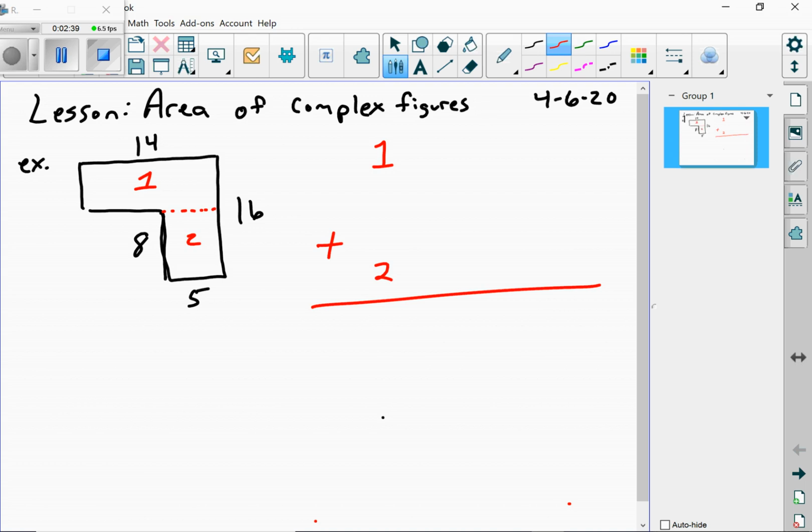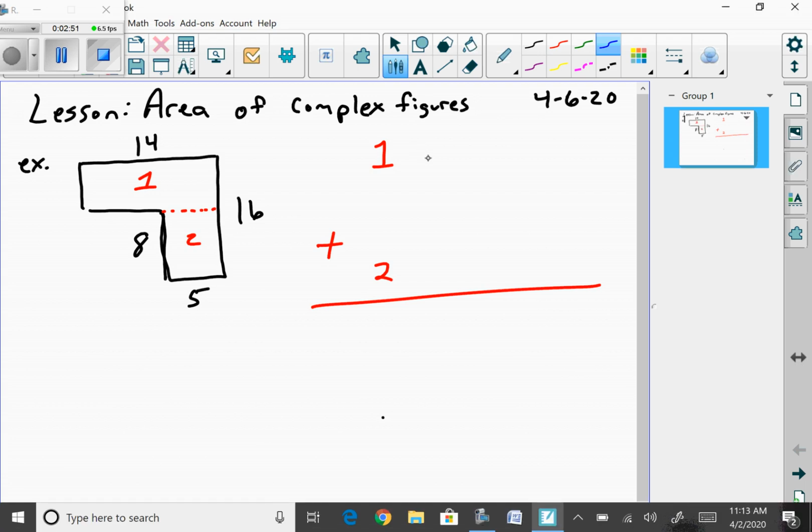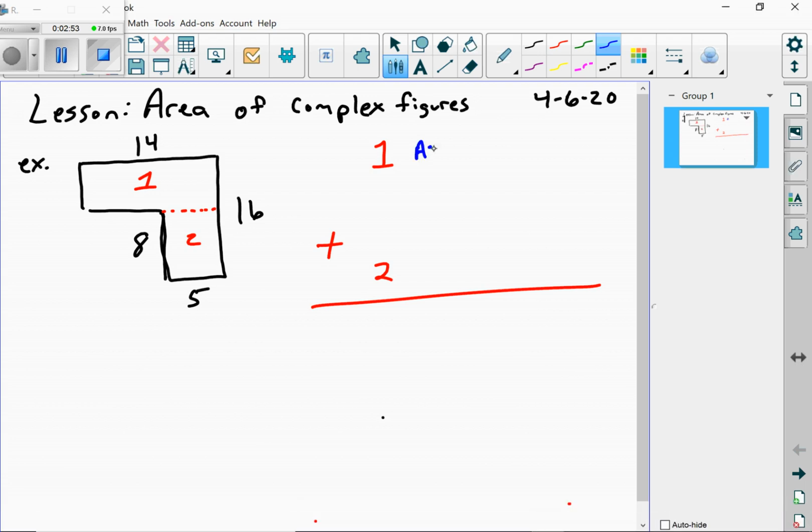That's just one method. Maybe you saw the problem a different way. We'll go over that in a minute. Let's work this the way that I see it. For rectangle number 1, I need to focus on its area, which equals length times width. The length here in blue is going to be 14. The width on this side, I don't have, so I got to figure that out.